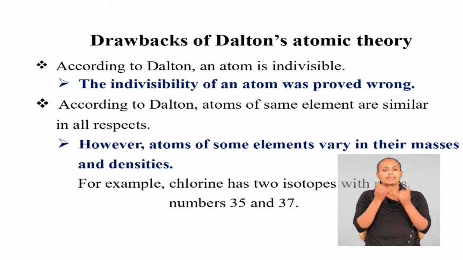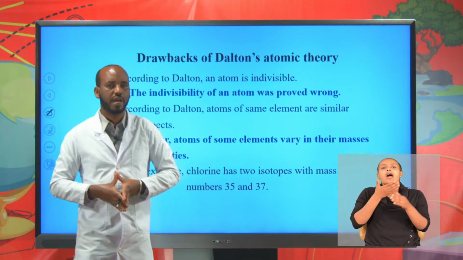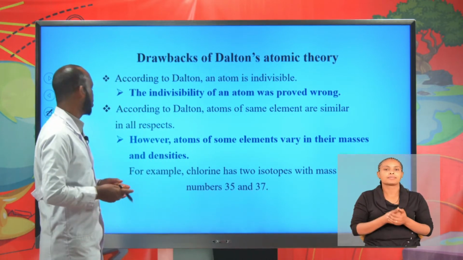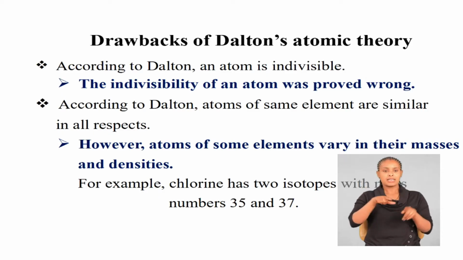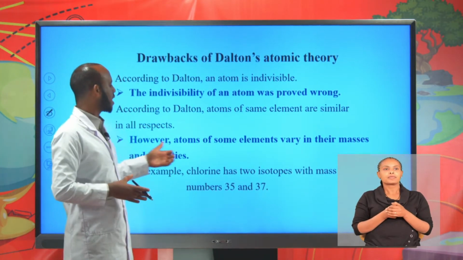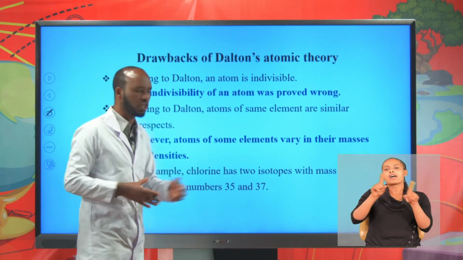The indivisibility of an atom was proved wrong after the discovery of electrons, protons, and neutrons. 2. According to Dalton, atoms of same elements are similar in all respects. However, atoms of some elements vary in their masses and densities.